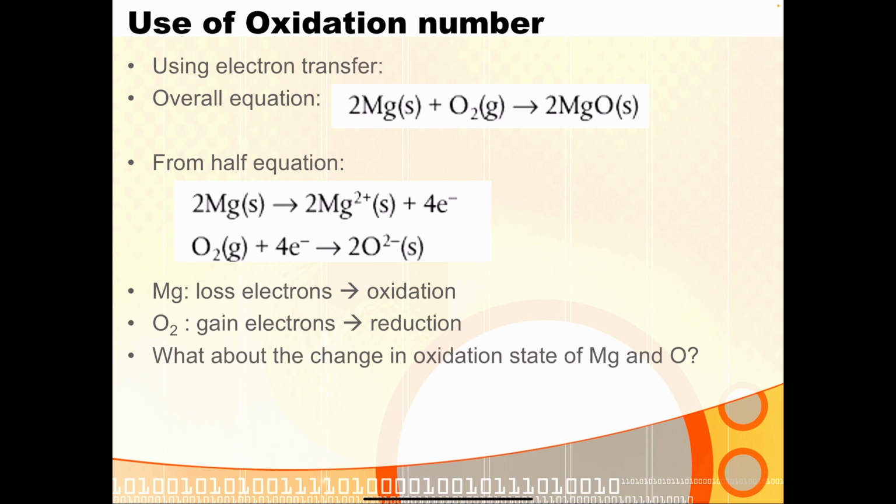So what about the change in oxidation state of Mg and O? You'll see the oxidation state of Mg goes from 0 to 2 plus. Whenever there is an increase in oxidation state, we call it oxidation. And when there is a decrease of oxidation state, for example in oxygen, first it is 0 and then it becomes minus 2, so there is a decrease. A decrease of oxidation state is reduction.